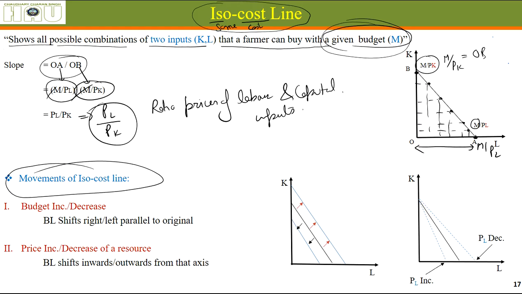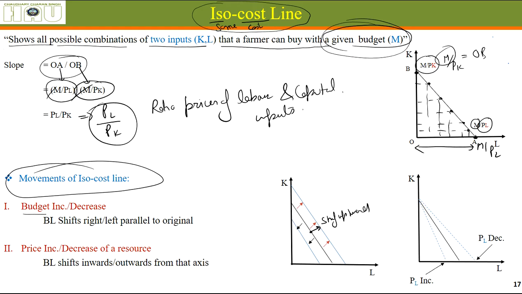Let's see what happens if the price of labor changes, or if the budget changes. How is the iso-cost line going to behave? If the budget with the farmer increases, he can buy more and more of capital and labor, so the iso-cost line will shift upwards.